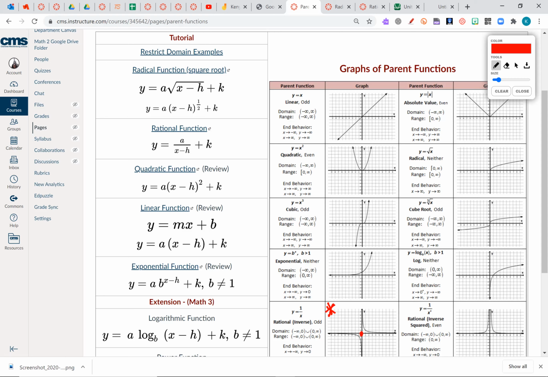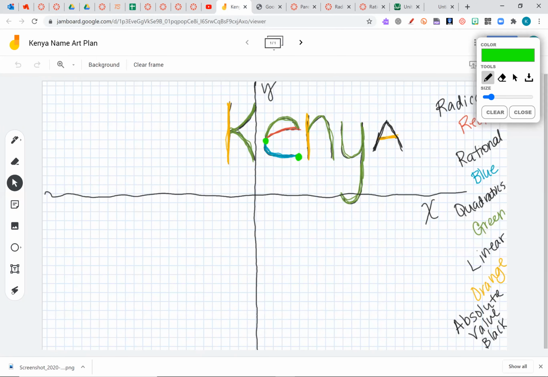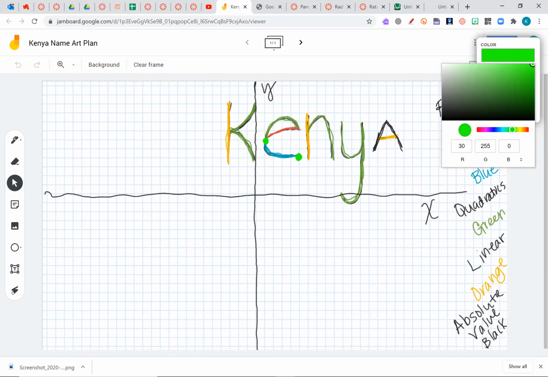So, with that said, we have to think about this now. When we go to our Jamboard, let's go back. We have a vertical and a horizontal asymptote. Where are our vertical and horizontal asymptotes intersecting? So let's do a different color. Let's do hot pink, and we're going to draw our vertical and horizontal asymptote.